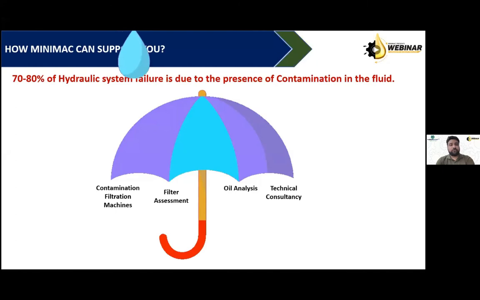So in order to go for efficient filtration arrangements, you might have to do some retrofitment on your hydraulic systems. You can certainly not depend on the filters offered by your OEM because they are the bare minimum basic filters or filtration arrangements on the hydraulic system. So that certainly calls for a need to go for finer filters, super efficient filters, which can maintain a super clean oil for you.